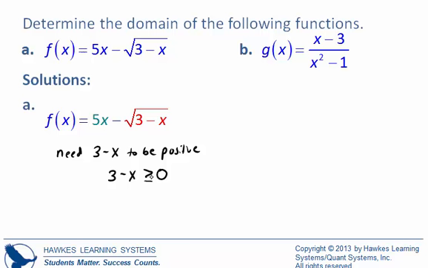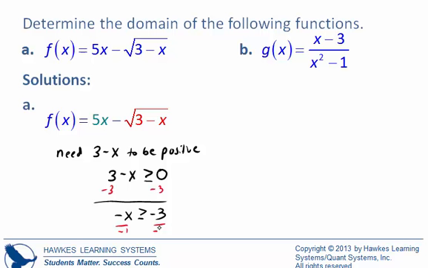So let's solve that inequality. First of all, I am going to subtract the 3 from both sides, which gives me negative x is greater than or equal to negative 3. Then I'm going to divide both sides by negative 1.